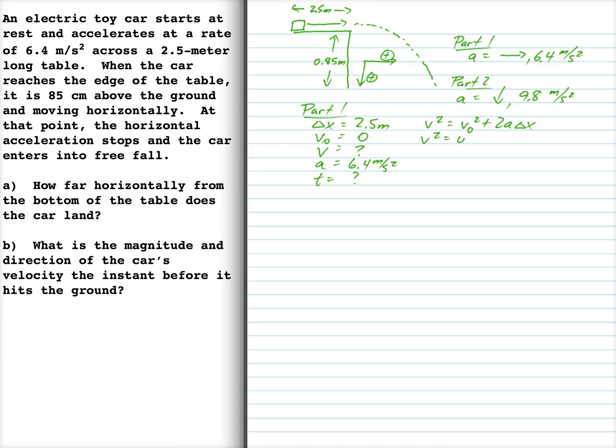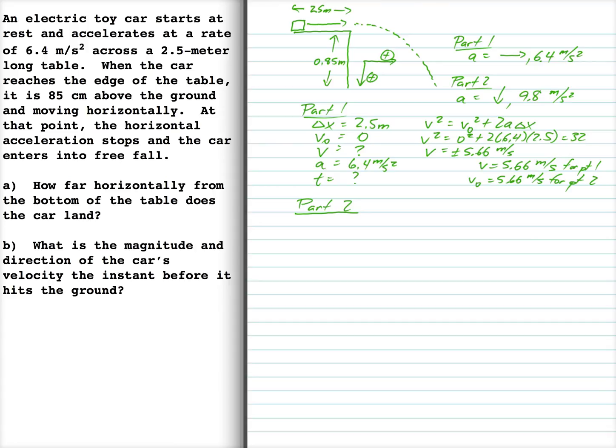So that gives me a final velocity of plus or minus 5.66 meters per second, which I'll take the positive value of since it's moving in the plus x direction. And that's the final velocity for part 1, and that is also the initial velocity for part 2, the free fall part. So, let's go down and do that free fall part.